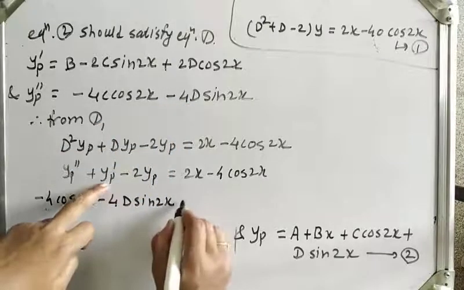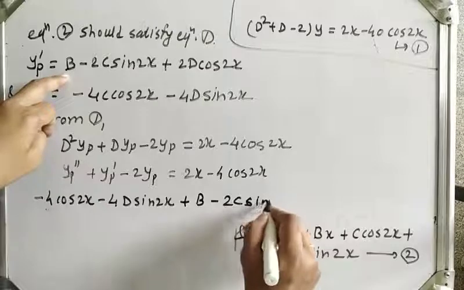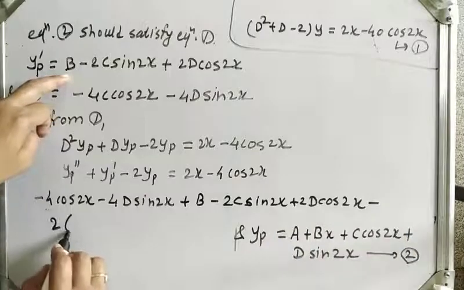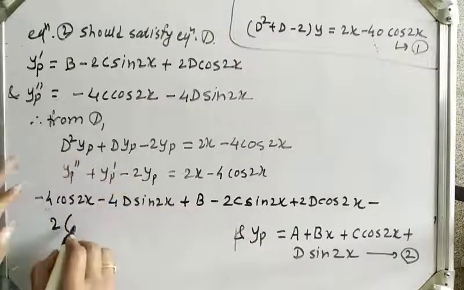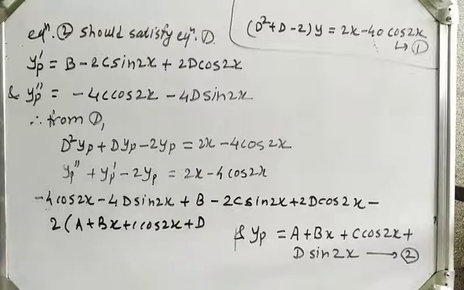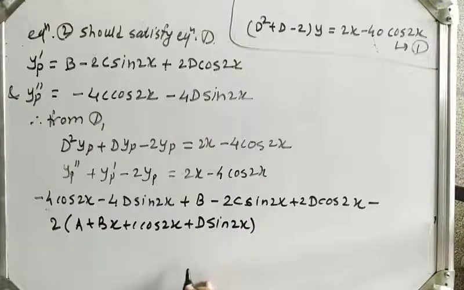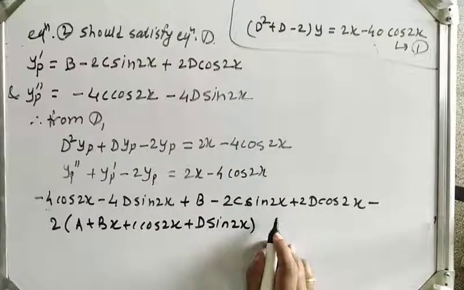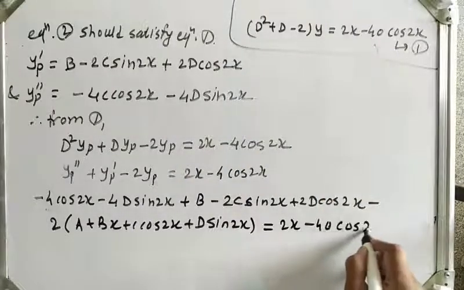Next, plus yp dash, b minus 2c sin 2x plus 2d cos 2x, minus 2 times yp in brackets, a plus bx plus c cos 2x plus d sin 2x, which is equal to 2x minus 4 cos 2x.